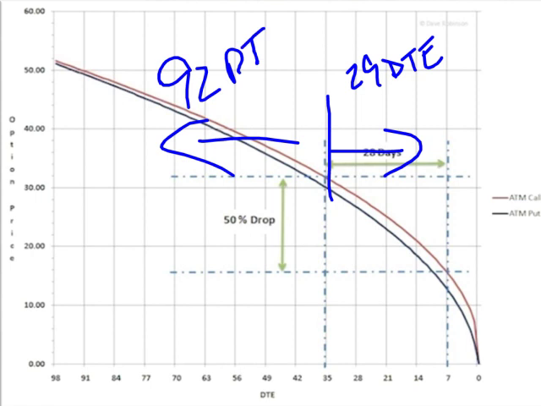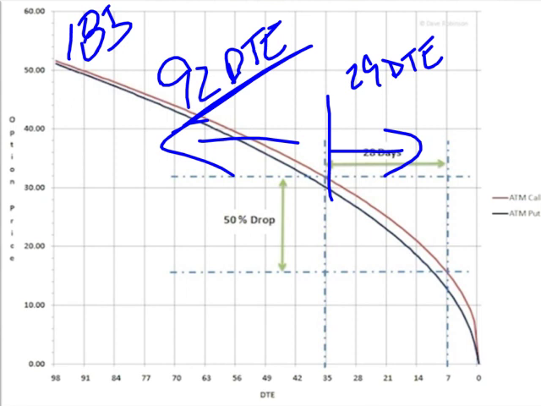Well, if I'm building this out and it's costing me the same amount of money, why wouldn't I give myself more time to be right? You would even be able to go out to like 183 days or further, depending.